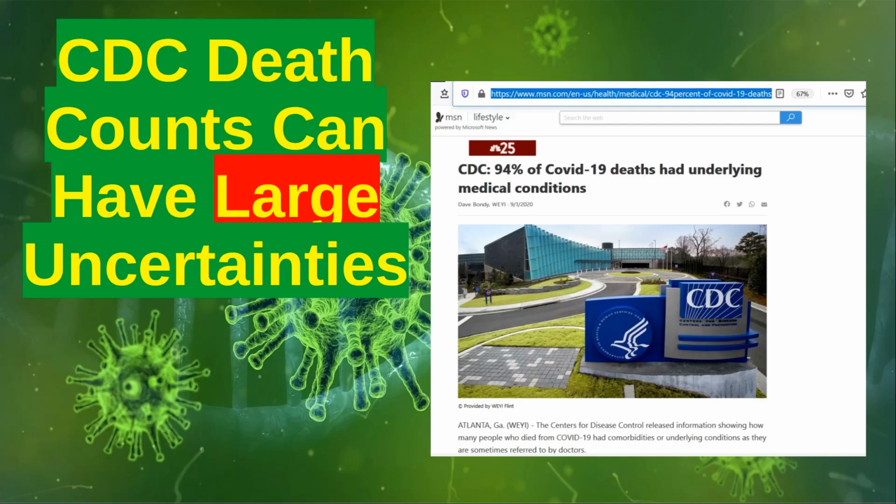It may be noted that in the US and also in Italy, it's reported that the vast majority of COVID-19 deaths are persons who have other underlying medical conditions, a situation where there is likely to be significant uncertainties over the assignment of a cause of death, or in fact, it may not really be possible to assign the cause of death to a single cause.